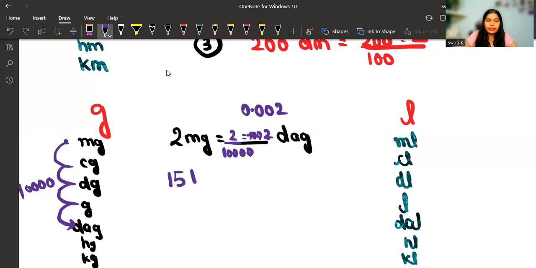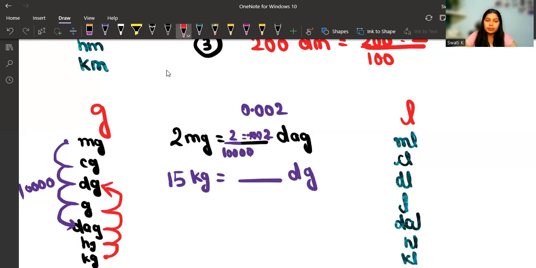Let's take one more example. 15 kg equals how many decigram? That means you are at kg, you have to go to decigram. So 1, 2, 3, 4 steps. That means 4 zeros and then 1, so it is again 10,000, but because you're going up, you need to multiply. So 15 times 10,000, how many zeros? 4 zeros.